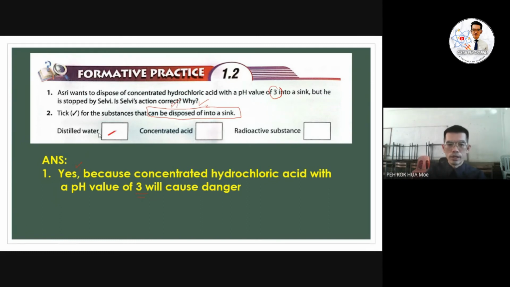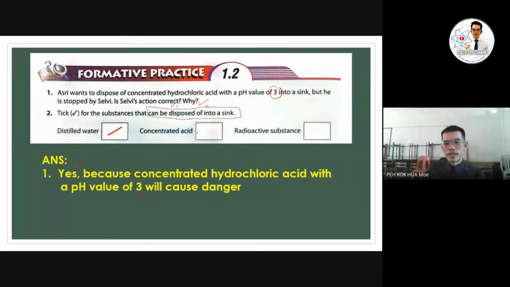How about the concentrated acid? Yes or no? Can anybody answer me? Can acid be disposed of straight away into the sink? Nobody answered me.